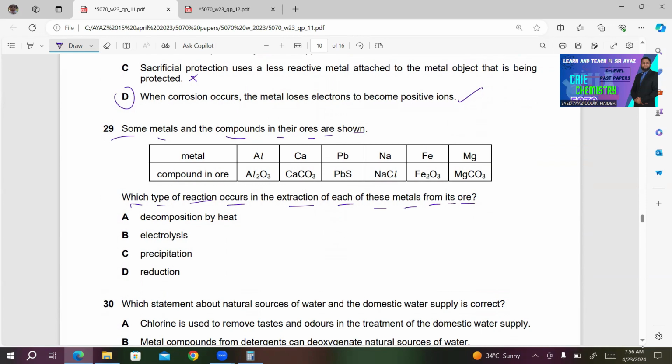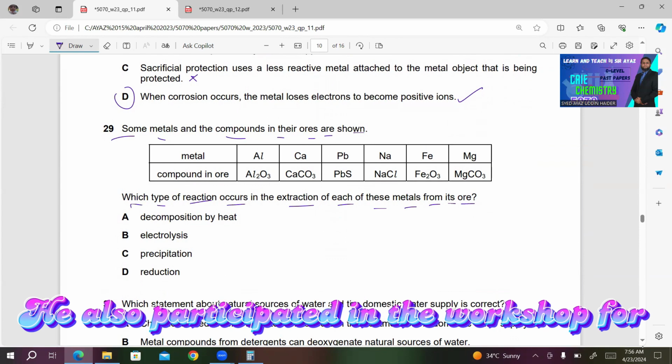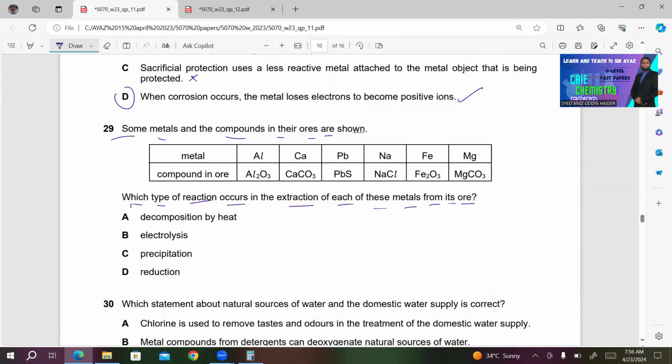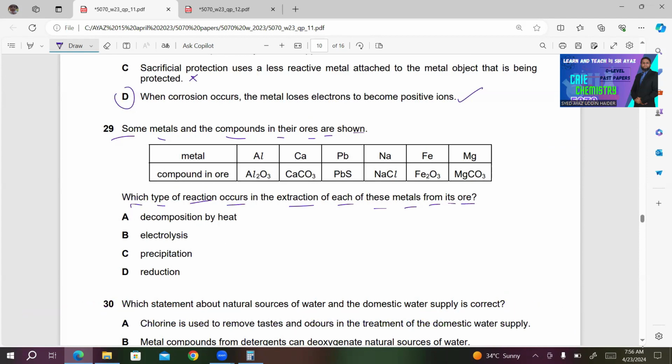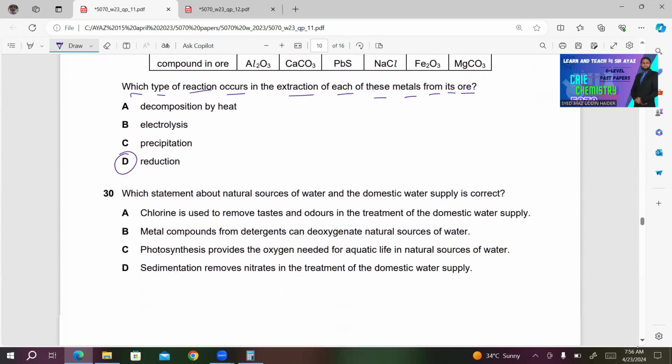So we have highly reactive metals and more reactive metals, but only one method will be applicable to all of these. The reaction that occurs during their extraction is common. They all need to be reduced from their ores. So reduction must be the right answer in this case.